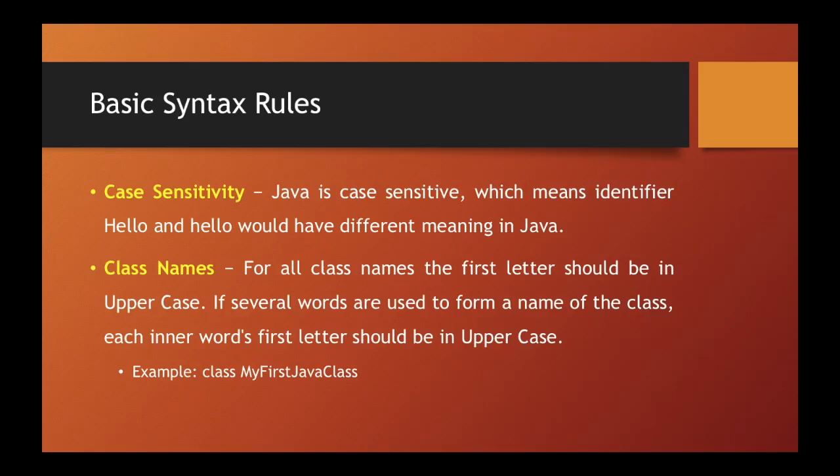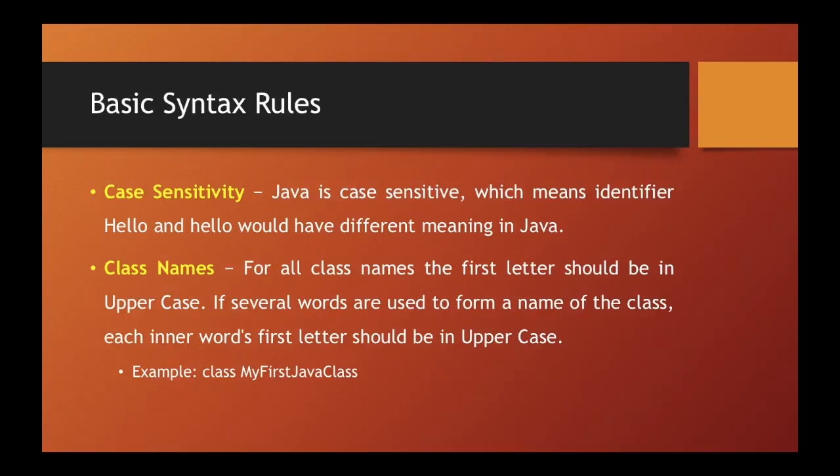Some syntax rules are there. Case sensitivity: Java is a case sensitive language, which means identifier Hello and hello would have different meanings. If you use Hello with capital H, the computer will not equate that to hello with small h.